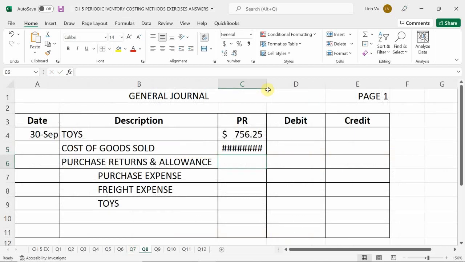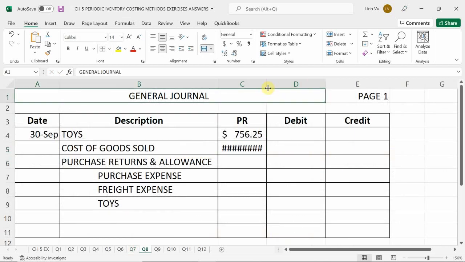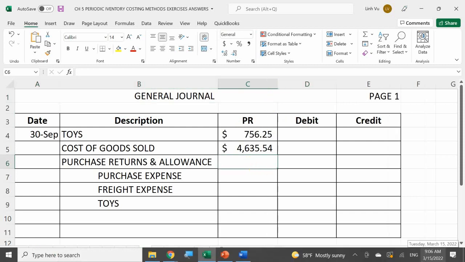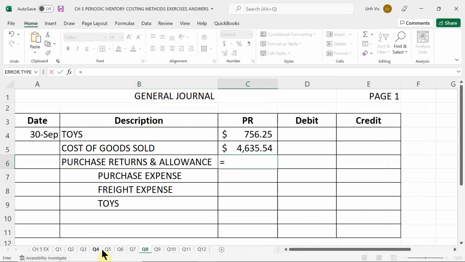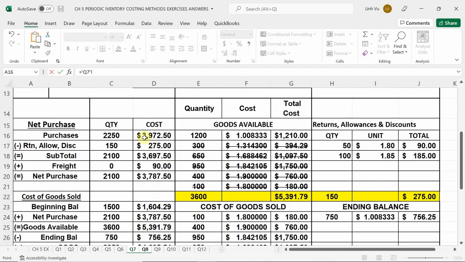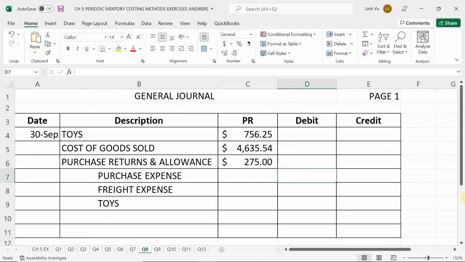Good. And what was my total returns and allowances? Okay. What was my total? Oh, I'm in the wrong column.